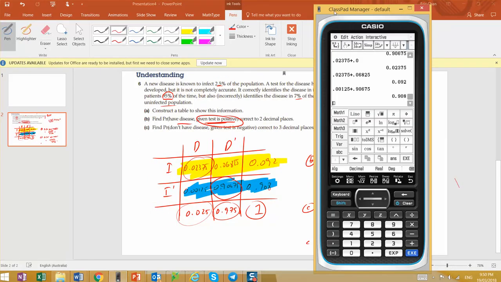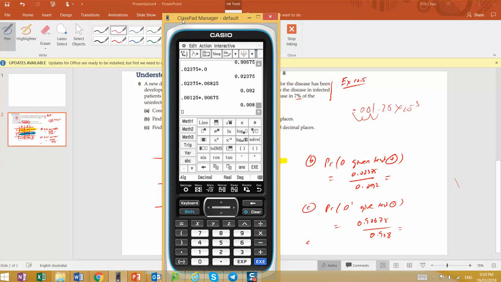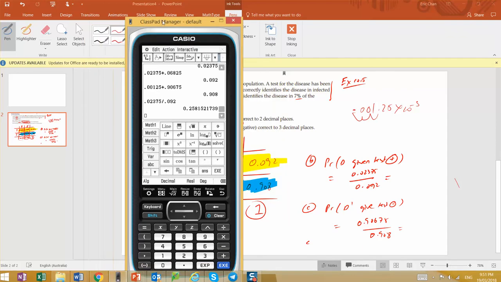So let's work this out on our CAS. Very quickly, 0.02375 divided by 0.092, and these are very fiddly. It's not the nice numbers that you're used to, but that's fine. It says 2 decimal places, so 0.26 here.